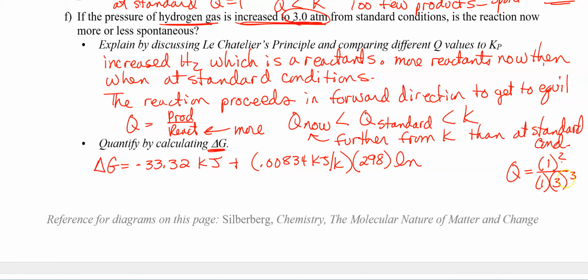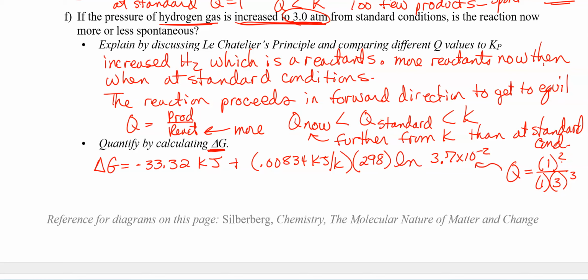So that's the value of Q. It's like 1/27th. If you divide 1 by 27, you will get 3.7 times 10 to the minus 2. So no longer is our Q equal to 1. We now are not at standard conditions, and that's what it happens to be. So the Q is plugged into there.